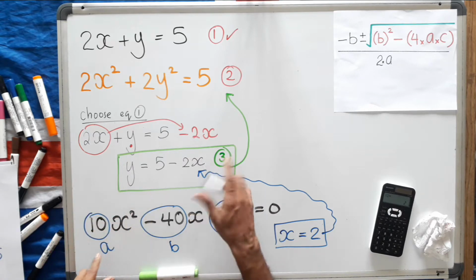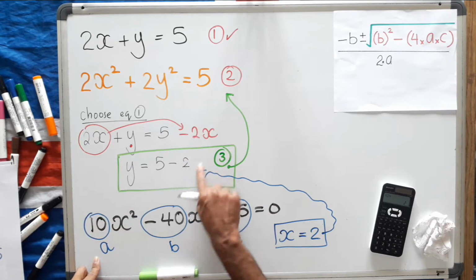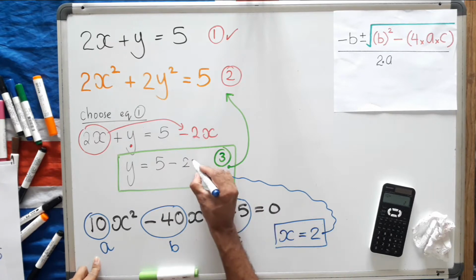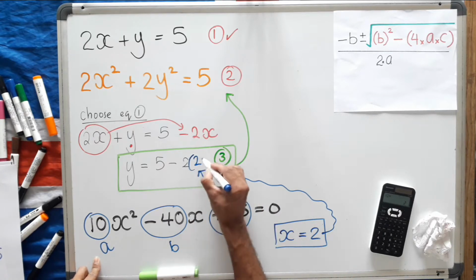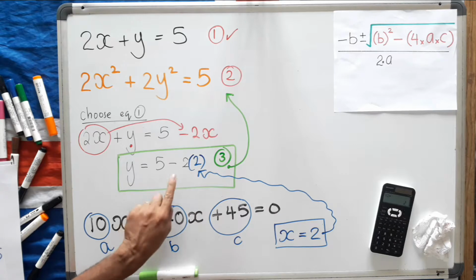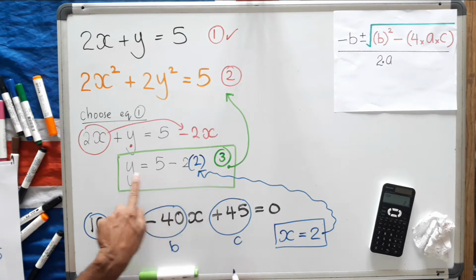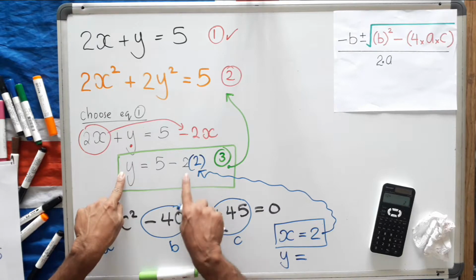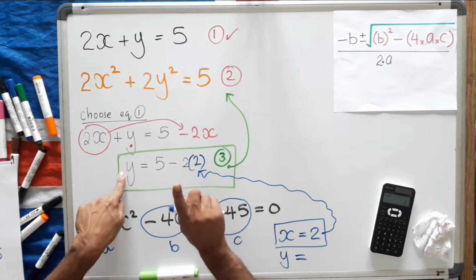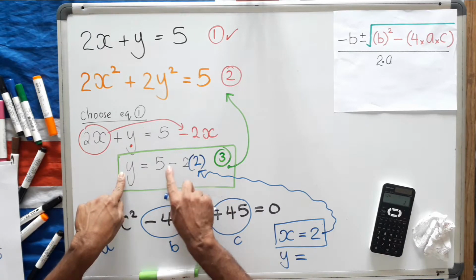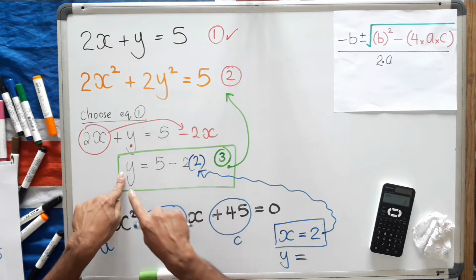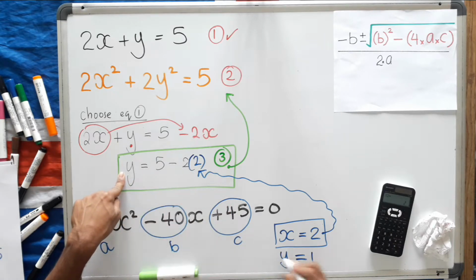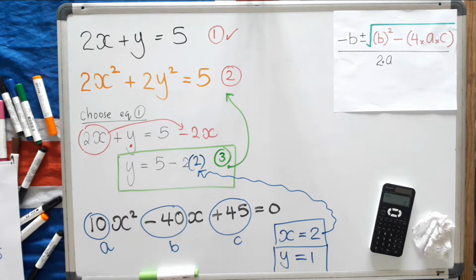All you have to do is erase x and replace it with the value you just got, which is 2. But make sure you put it in brackets. So we just have to work this out to get the corresponding value of y, which will be very easy. 2 multiplied by 2 is 4. 5 minus 4 is 1. So y is equal to 1. And we're finished with this question.